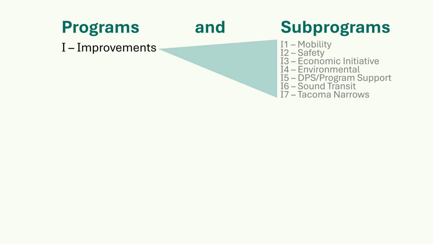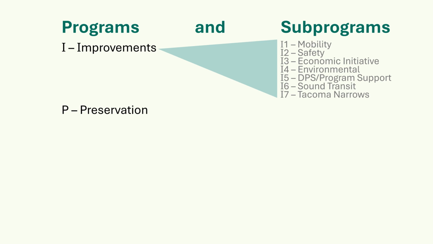Understanding the programs and subprograms. The state legislature makes investment decisions and funds the various programs to certain levels each biennium. Understand which program and subprogram your project is funded through. This information will be provided to you. I. Improvements. With the following subprograms.